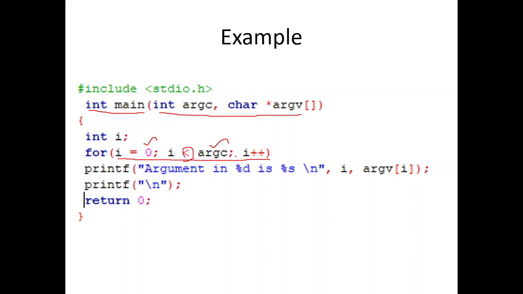It just prints whatever we get as the argument at each index. This is a very simple example illustrating this: we pass the arguments and print all of them.